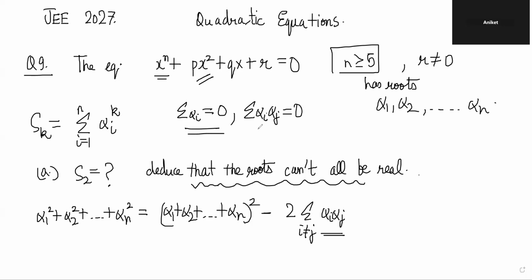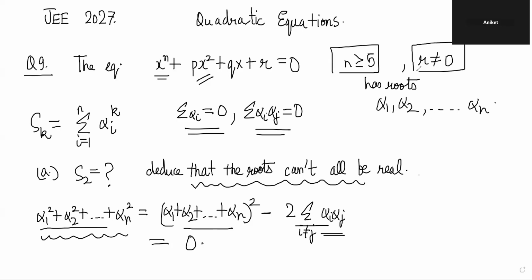This is also 0, so the answer is S2 is zero. This whole thing is 0, right? But that means that if they were all real, each of the roots would have to be 0. That means there are n zero roots. That means this is not a polynomial, because r is not equal to 0.